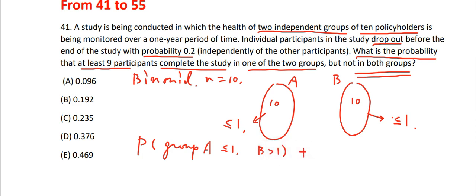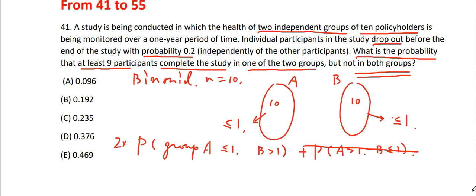Or the other case is A larger than 1, B less than 1. So one of the two groups has at least 9 stays, meaning at most 1 drop. These two probabilities are the same, so we just check this one and multiply by 2.